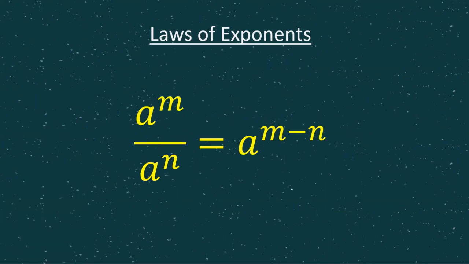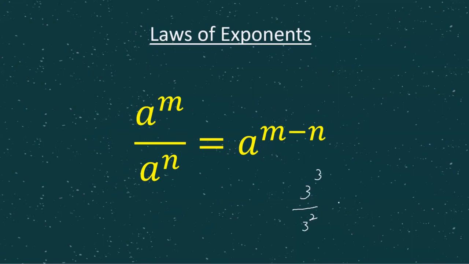We'll take a equal to 3. I take m value here as 3. So it is 3 cube divided by 3 raised to n, and n value I take as 2. So here a value is 3, m value is 3, and n value is 2.